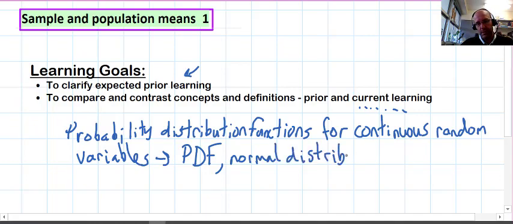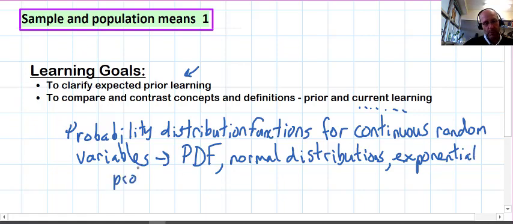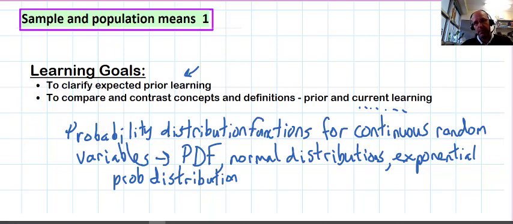You should know what that means if you're watching this video, and the exponential probability distribution, which often looks at things like queuing and so on, or the time it takes for a component to fail, but that should be known.